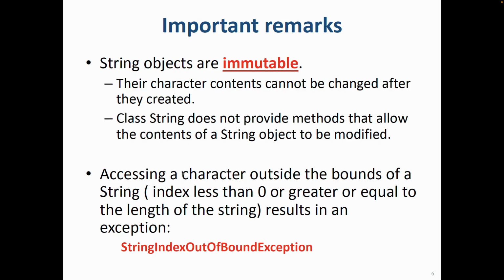In Java, you get an error. It says you cannot. You get an index out of bound exception. Or if you have 5 letters and then you want to get the 6th one, you'll get an index out of bound exception. So we really have to pay attention to the boundaries of the strings. In Python, it's slightly more flexible. You can give minus values, but in Java, definitely not.